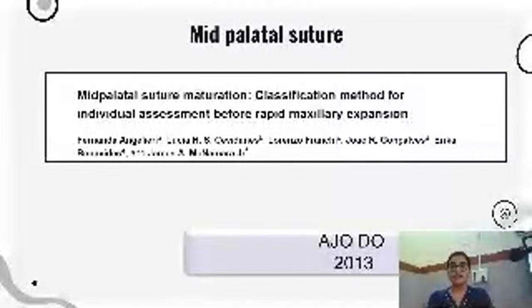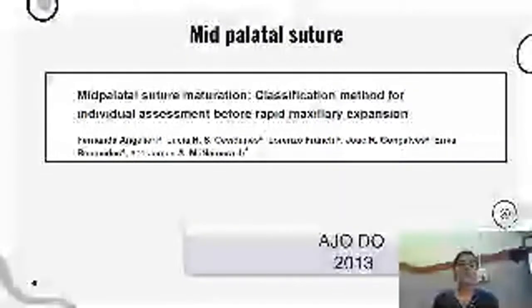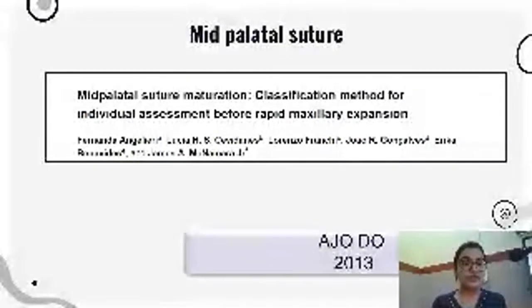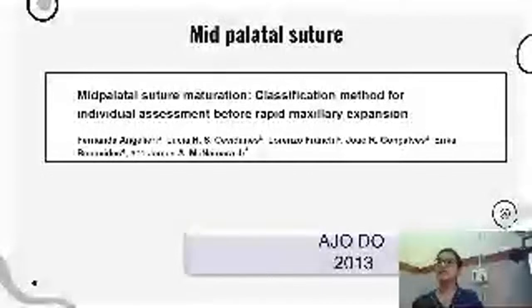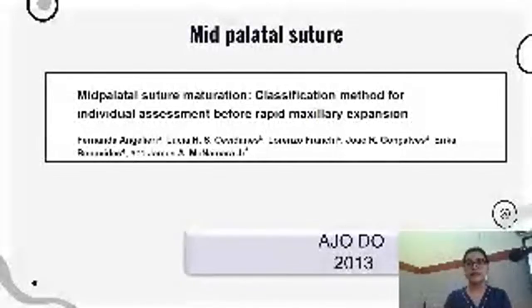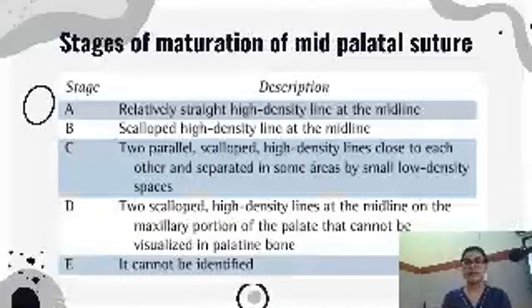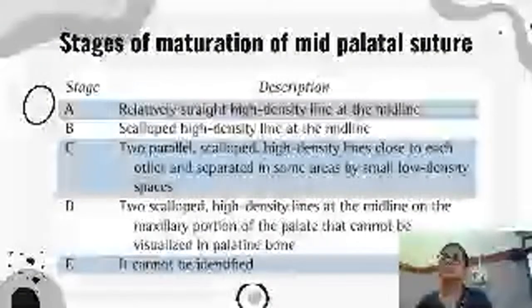Now, the article titled Mid-Palatal Suture Maturation Classification Method for Individual Assessment Before RME by Angelieri et al., was published in AJODO 2013. In this article, they presented a novel classification system for individual assessment of stages of ossification of the mid-palatine suture. In stage A, we can see a relatively straight high density line at the midline.